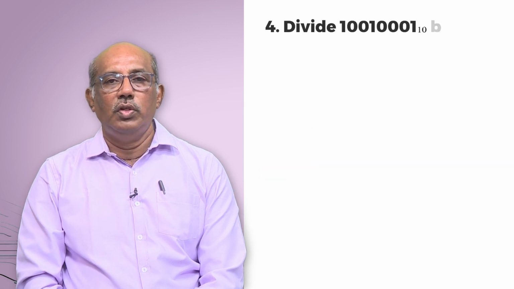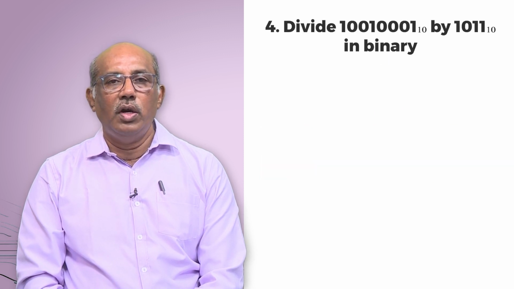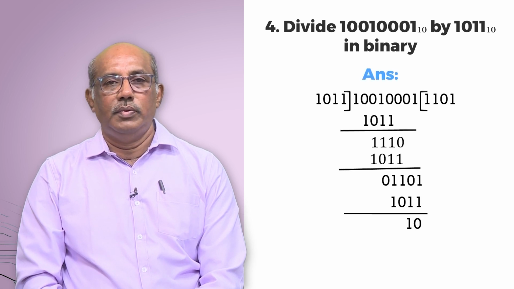Now, we will go for the division. We have got the dividend as 1001 followed by 3 zeros and 1, and the divisor as 1011. We first multiply the divisor by 1. So, you put 1011, then you subtract it, you get an answer, that is 1110.